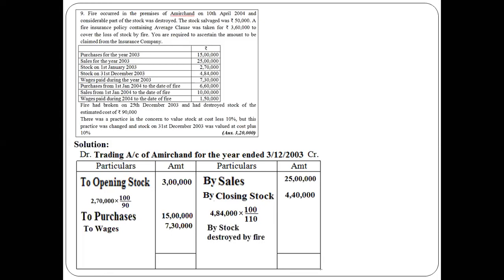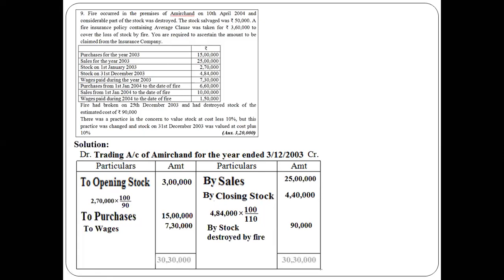So that's the reason stock destroyed by fire, 90,000, is credited, right? We are not calculating for that situation, which is already over. But for the calculation of gross profit, we are considering it here. So 90,000 will be credited.